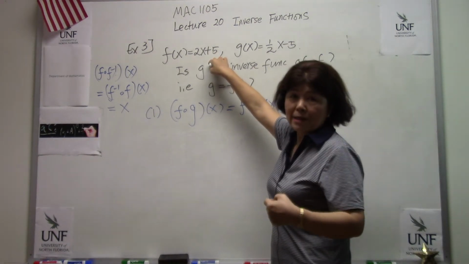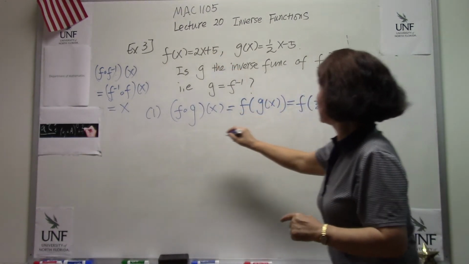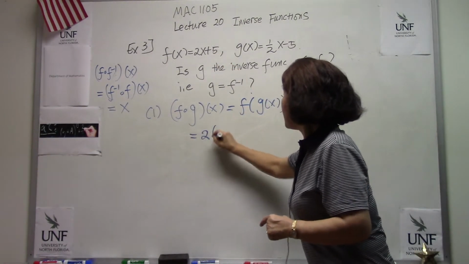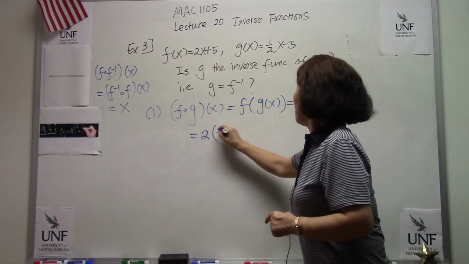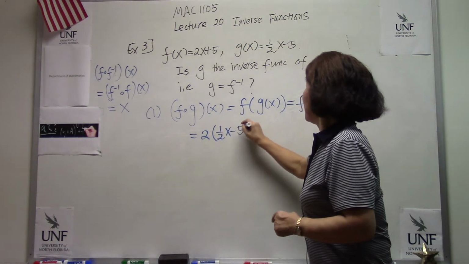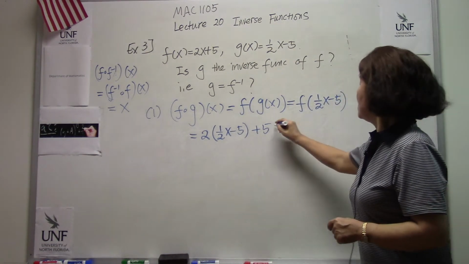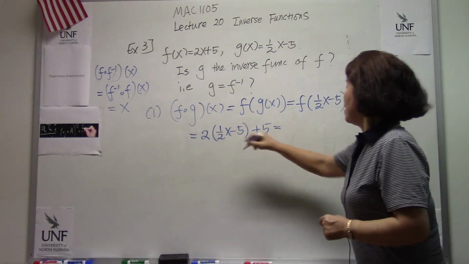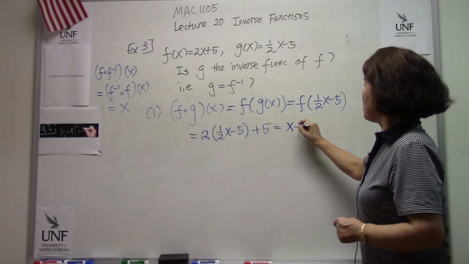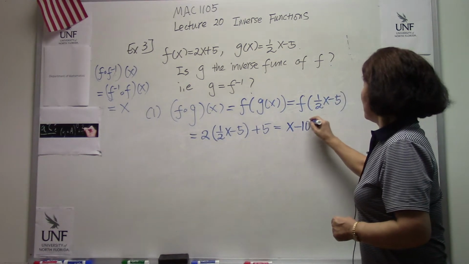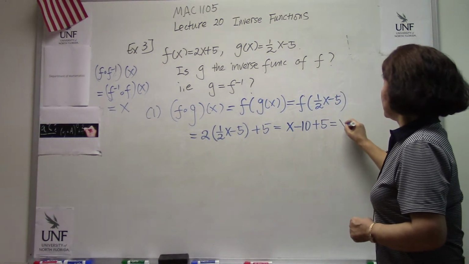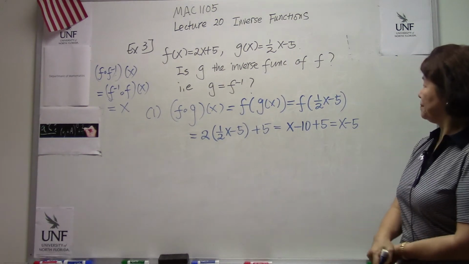Double the input and then add 5. That helps. So double the input. Input is this, 1/2 X minus 5, and then add 5, correct? So let's multiply out. You multiply out, that gives you X minus 10 plus 5, which is X minus 5.